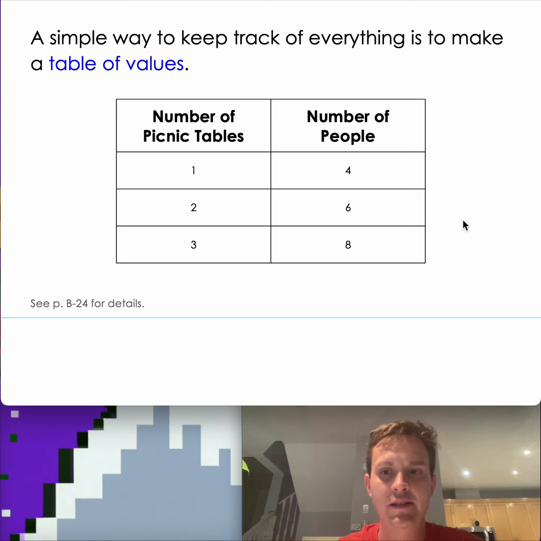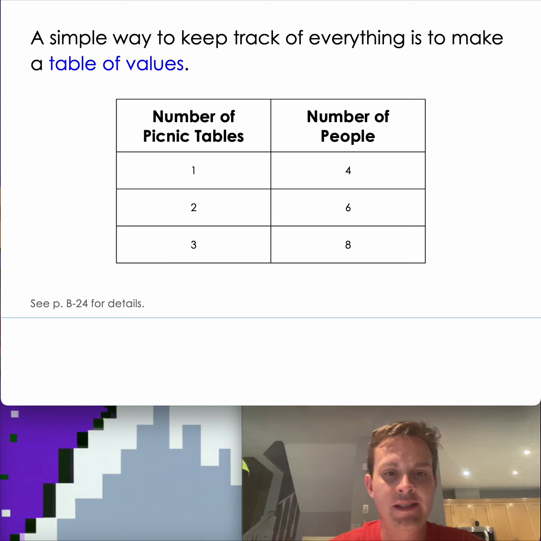So 4 plus 2 is 6. 6 plus 2 is 8. Can you state a rule for the pattern in the table? Well, maybe you start at 4 and you add 2. And then that will predict how many people can sit around a table made from 5 picnic tables.